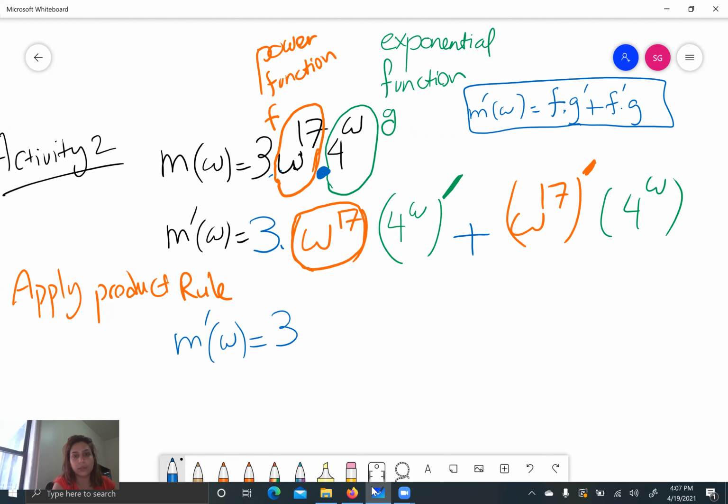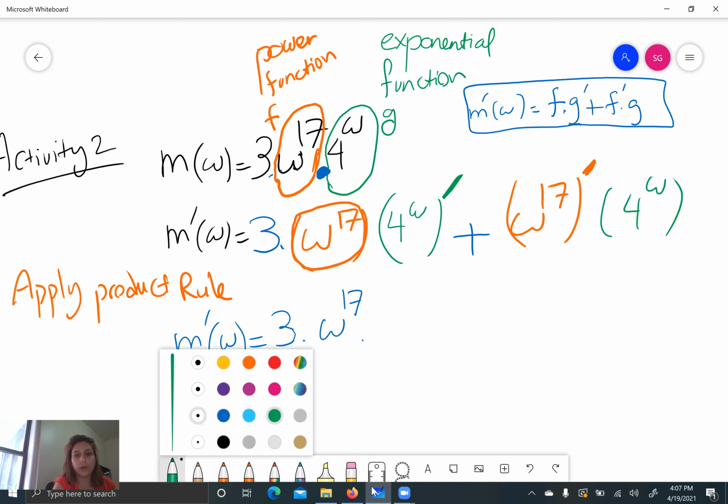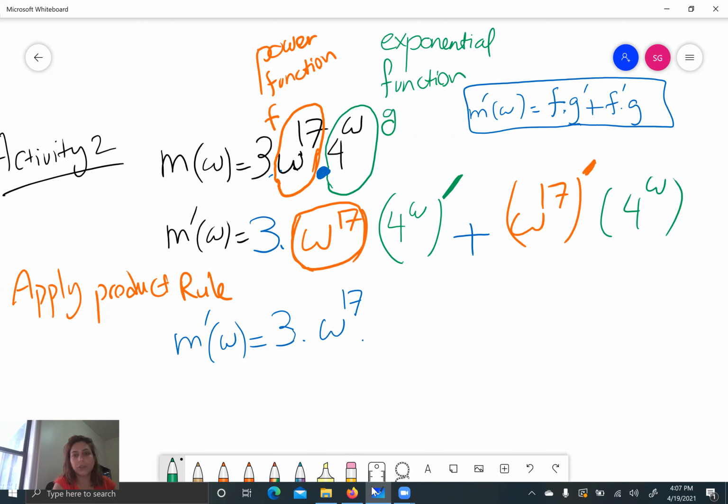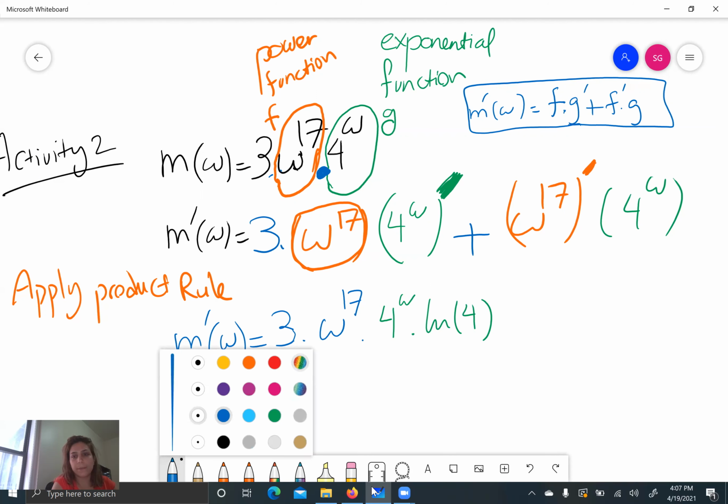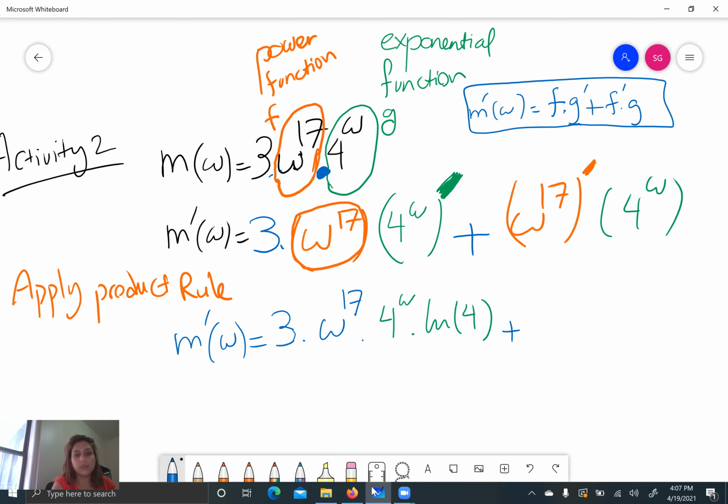Take the derivatives. I just need to copy this, because w to 17, I don't need to do anything here. But for the green one, for this exponential function, I am required to take the derivative, which is 4 to the w times natural log of 4, plus, now I need to take the derivative for this power function.